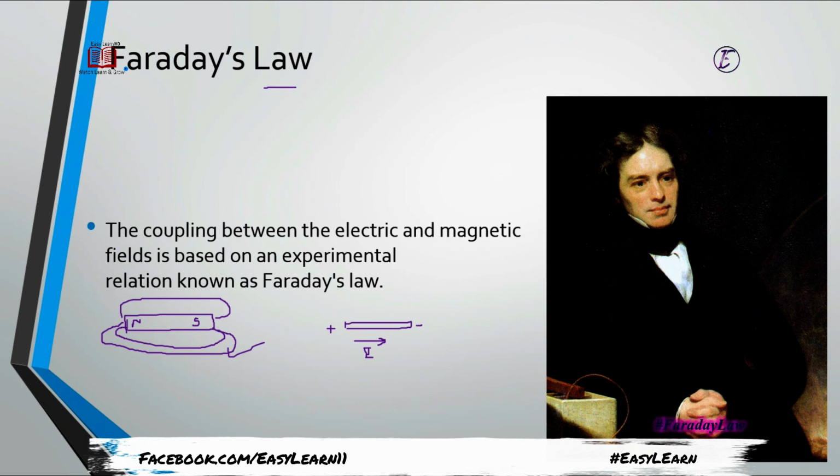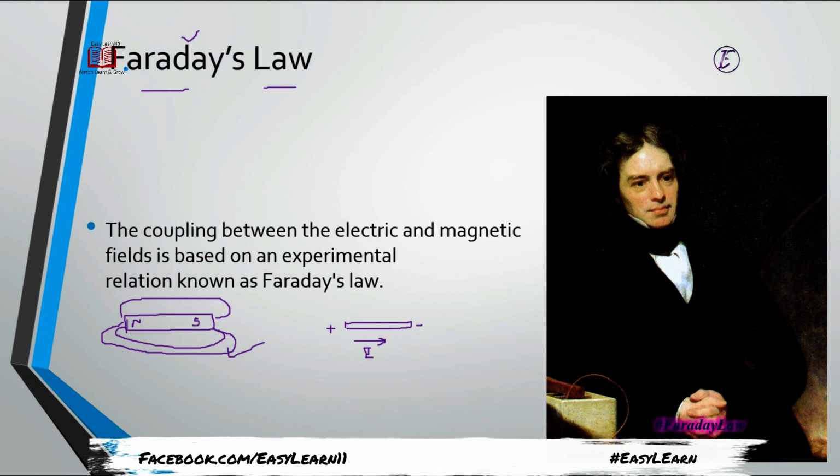We use it in many experiments, and although our motors today are very modern in style, they are based on this principle, the relation first discovered by him. That is why it is named Faraday's law.